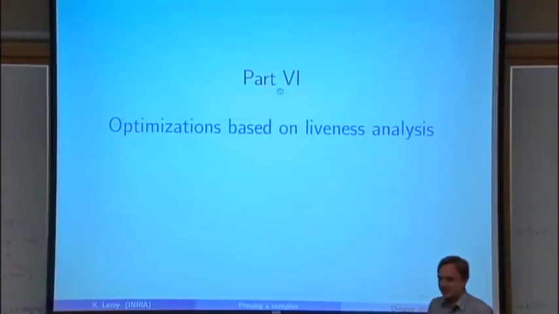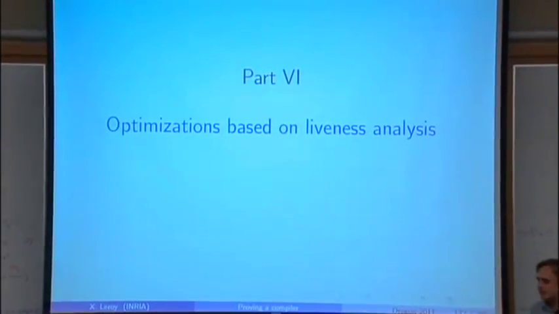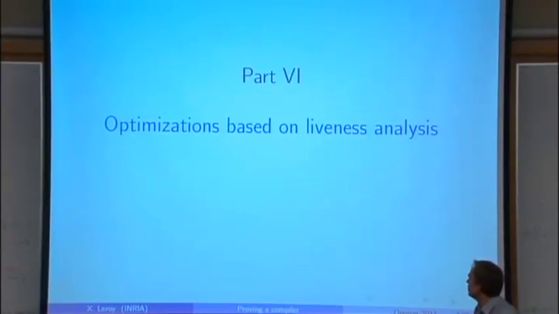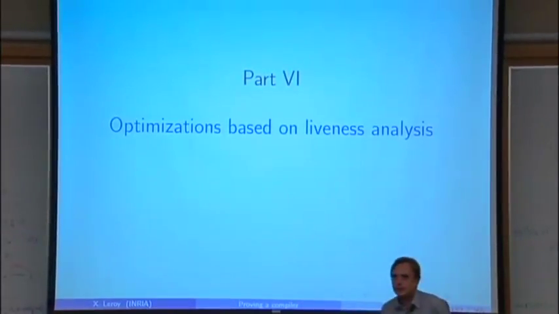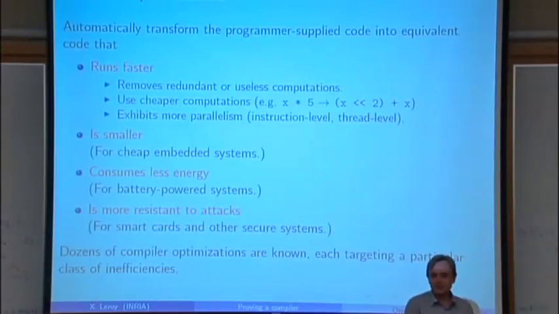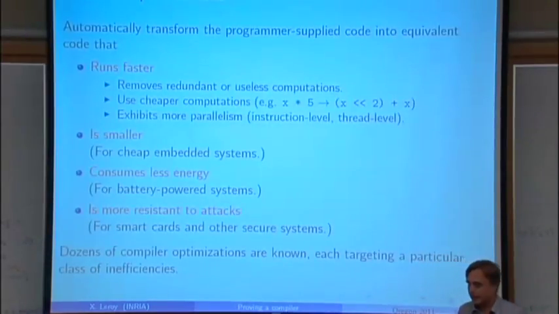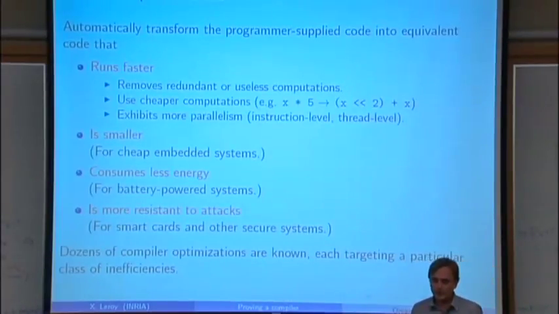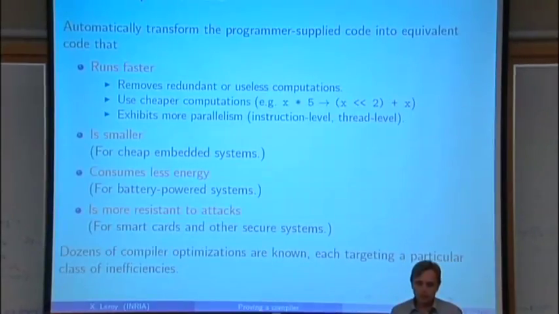So today we are going to talk about optimizations based on a particular static analysis called liveness analysis. Let me start with a few words about optimizations. They are just program transformations, transforming the code that the programmer wrote into equivalent code that is better in some sense.